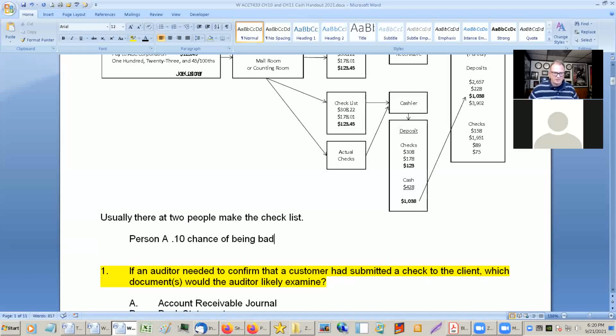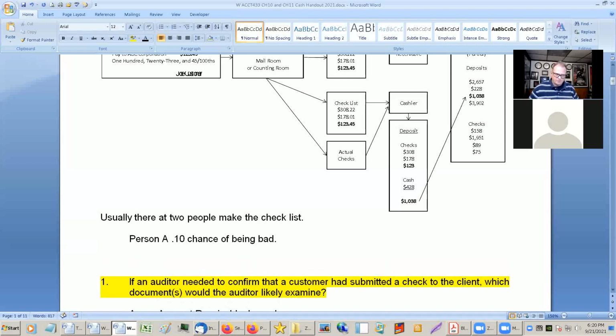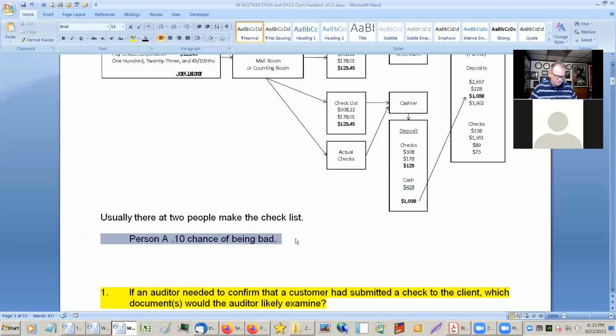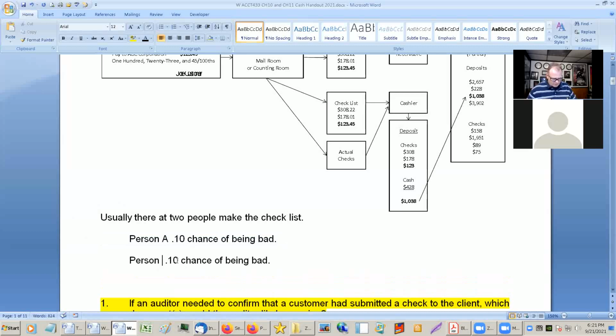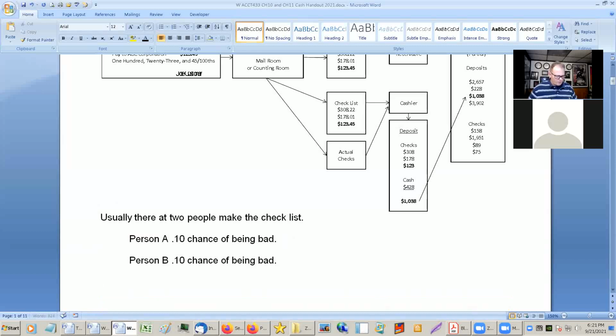That's pretty high, actually. But let's say that there's a 10% chance. If you had a second person, we'll call this person B. Let's say they have a 10% chance of being bad, okay? So if one person is doing it, you have a 10% chance that it's going to be a loss.